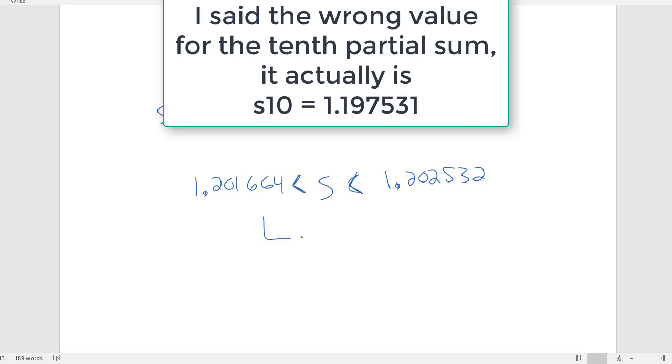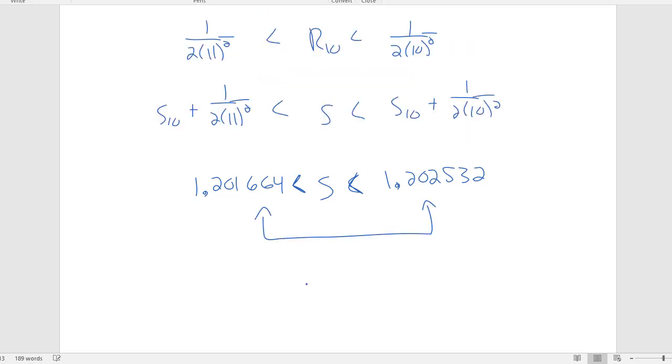So what we could do is take the midpoint of these two numbers. So we could say S is really a much better approximation than the midpoint of these two numbers. Instead of using the sum of the first 10 terms, which is a good approximation, we could use the midpoint of the interval created by our two bounds to get an even more accurate estimation. What that gives us in this case is about 1.2021.